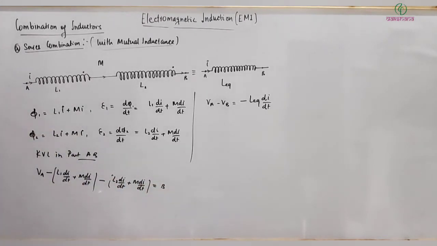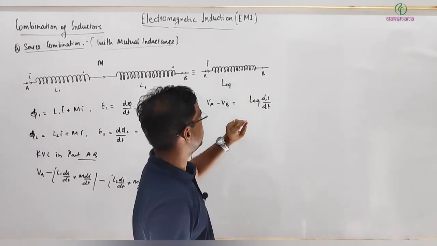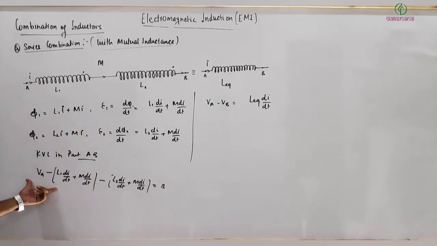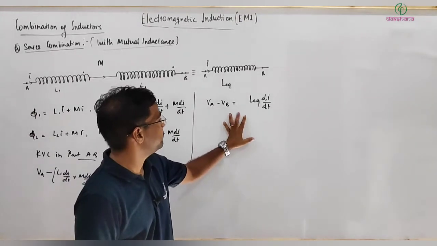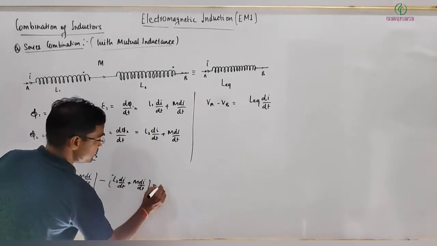Is it clear? I need to check, so here I can write VA, then it will be minus of L, and so it will come here now plus. So that is the condition, and VA minus VB, I'm going VA minus L di by dt, that's correct. So this is the situation, and it will be VB.